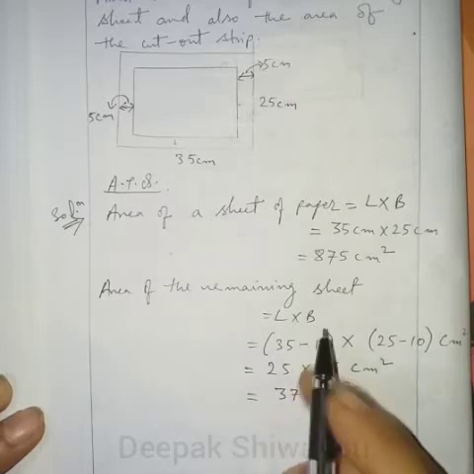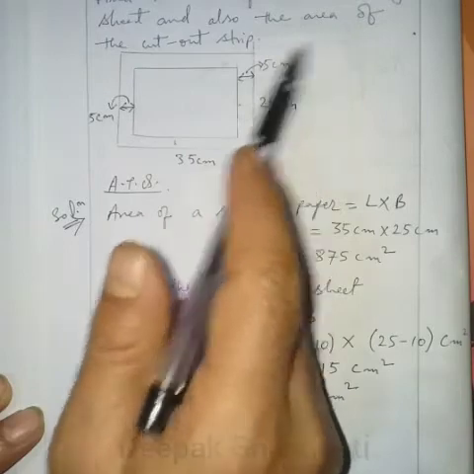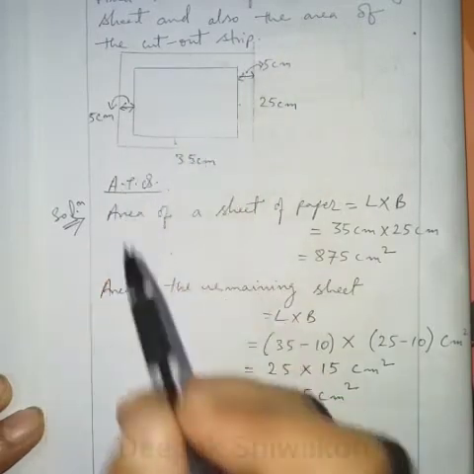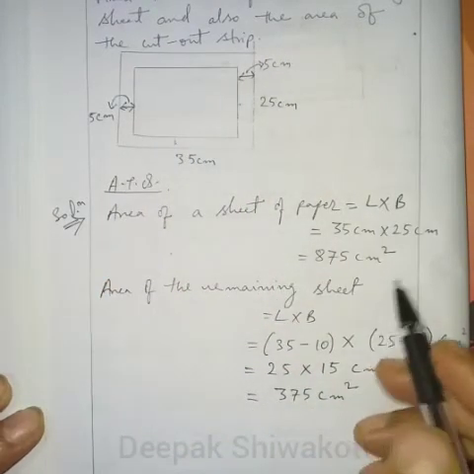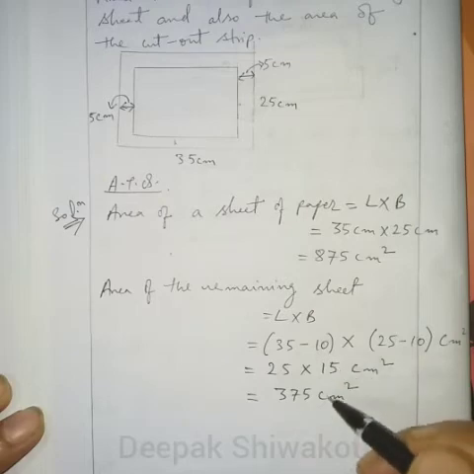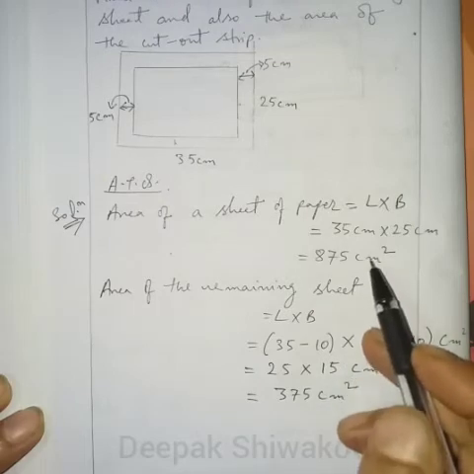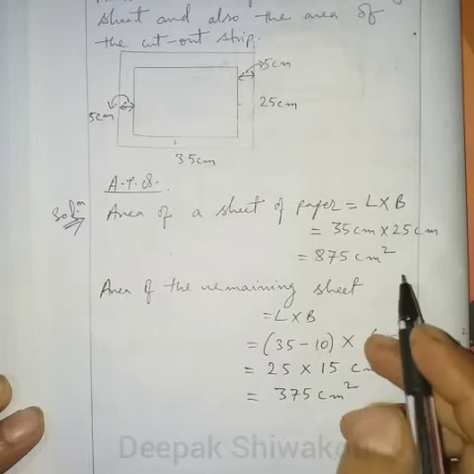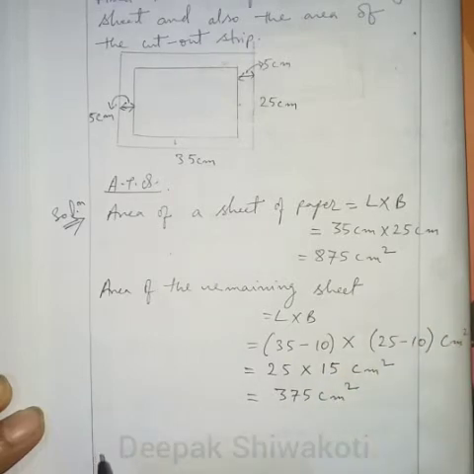Now next is the area of the cutout strip, that also we have to find. If we subtract the area of the remaining sheet from the area of the paper, then we'll get the area of the cutout strip, isn't it?